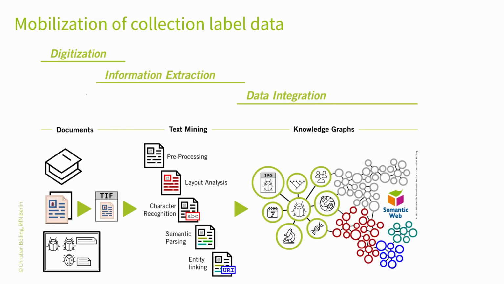So specifically for the mobilization of collection label data, how do we do it? Essentially, this is a three-part process that corresponds to what we are hoping to do in the collection development and discovery project. First, there's digitization of the written records, specifically of the collection labels. Then we need to extract the information that is presented in analog form on these paper documents.